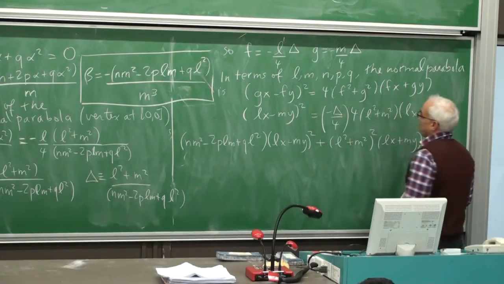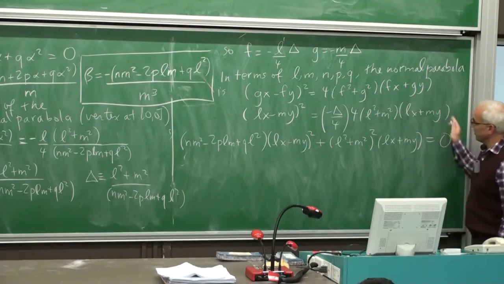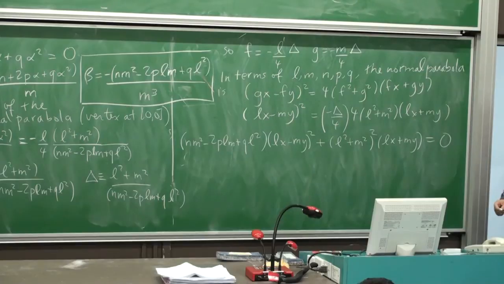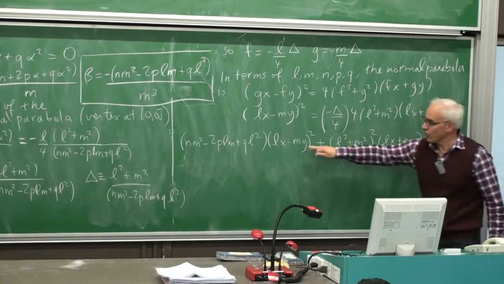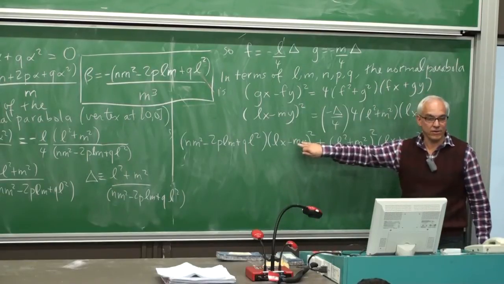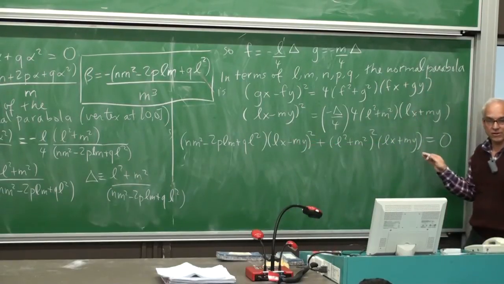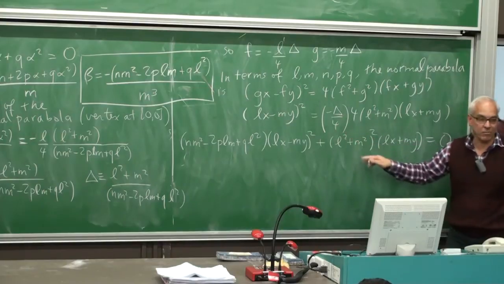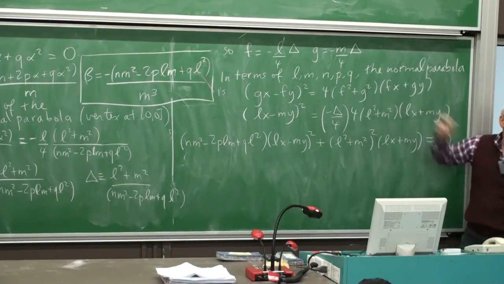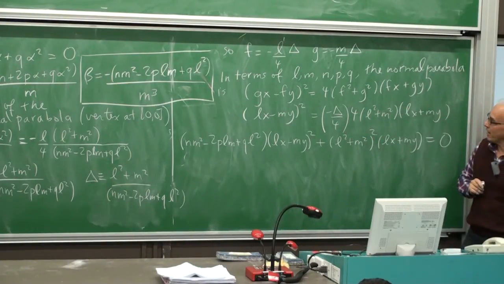And all of that has to be set equal to 0 if we bring this all to the other side. Okay, and we see that it's really in the same kind of form as the parabolas that we were considering last lecture, with a sort of cross product term squared, a dot product term on this side, and then some numbers that depend on the 5 coefficients L, M, N, P, and Q.